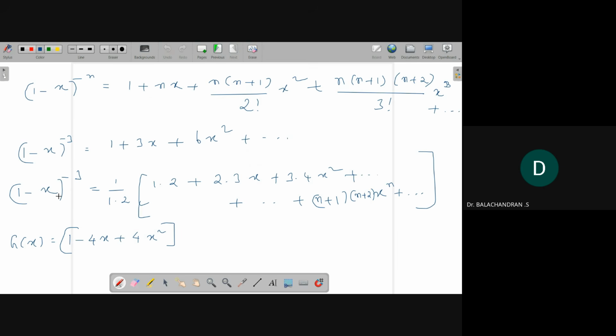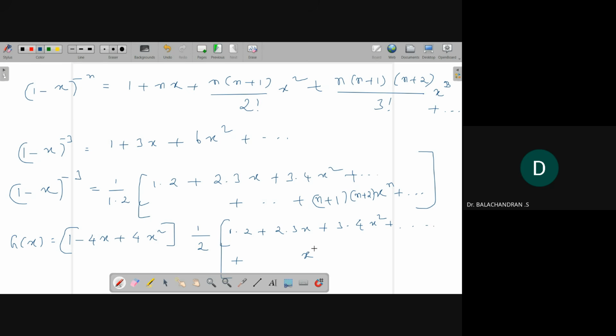So 1 by 2 into 1 into 2 plus 2 into 3 into x plus 3 into 4 into x square plus dot dot dot plus, x power n minus 1, x power n minus 2 terms I need.